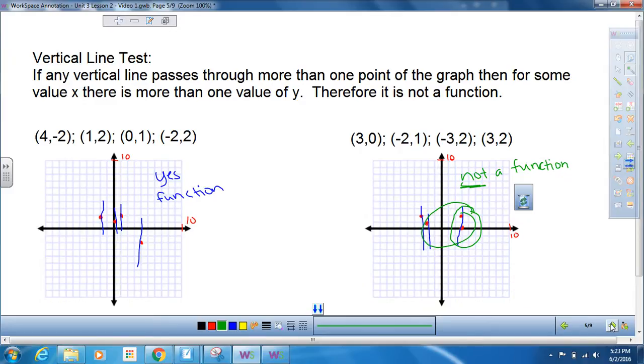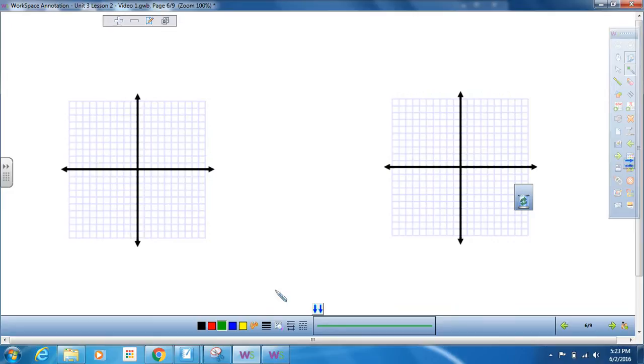I'm going to look at just a few other graphs. Let's say we have graphs that are connected. Let's look at this graph here. These are arrows.